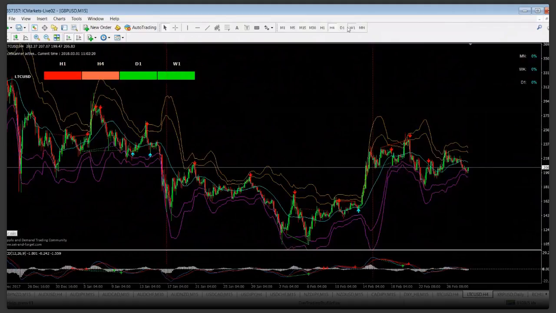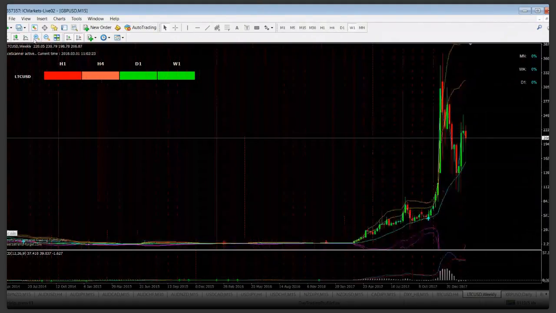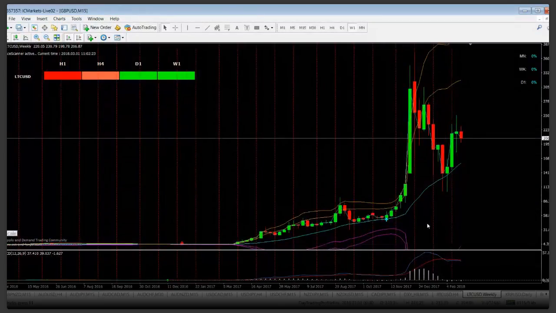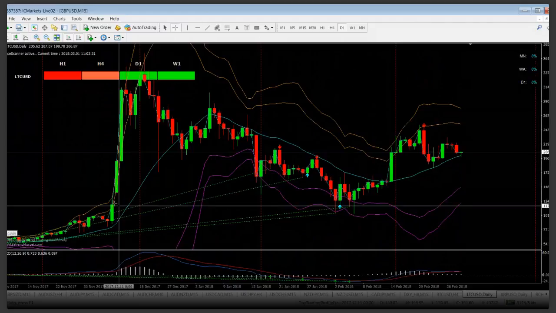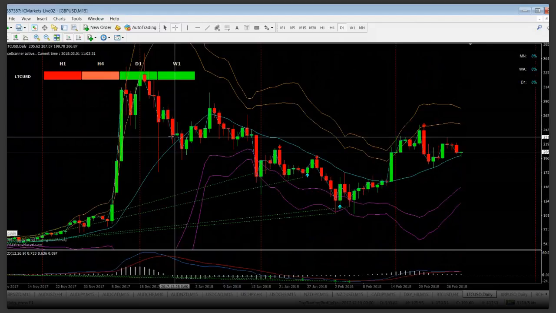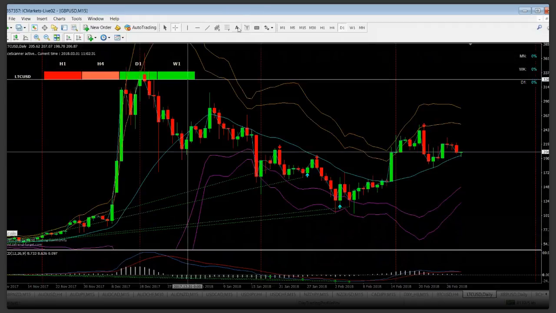Similar story with Litecoin. You can see how in Litecoin we had this huge gap here. This was a gap fill, it came all the way up and filled the gap, then slowly down towards it.